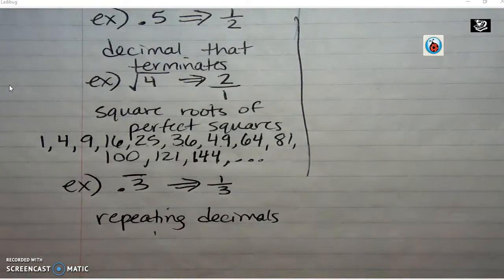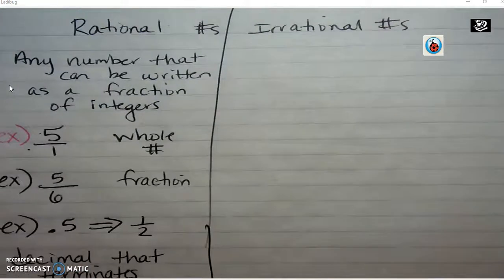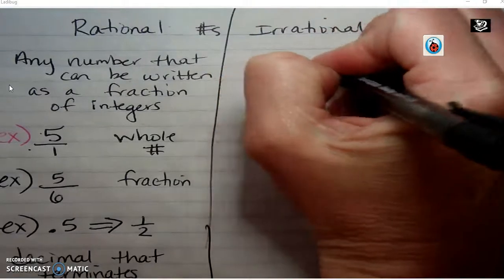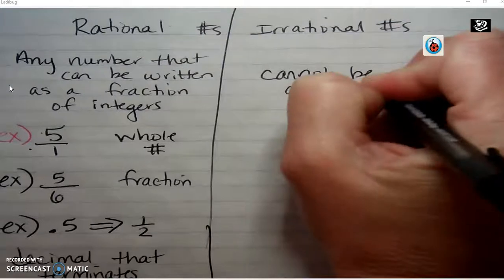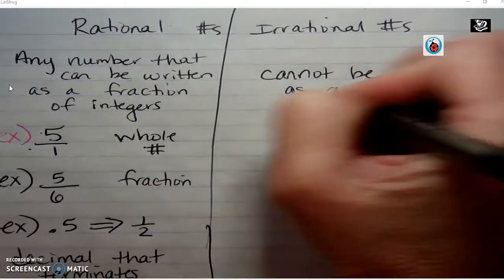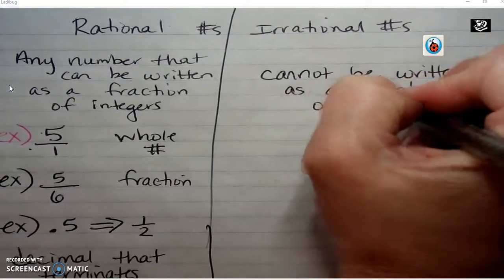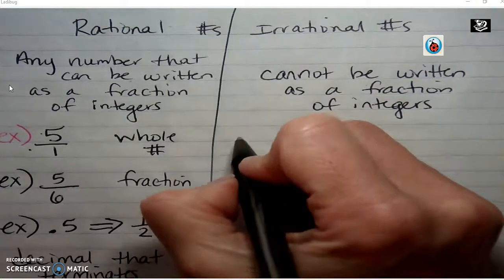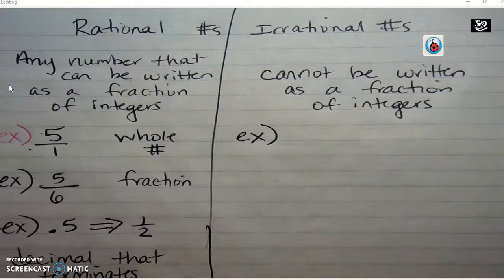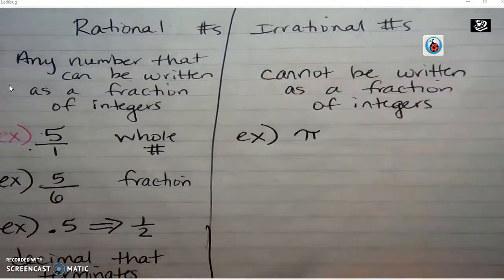All right, now let's talk about irrational numbers. They cannot be written as a fraction of integers. Remember, you can pause this video at any time to write. So, for example, pi.